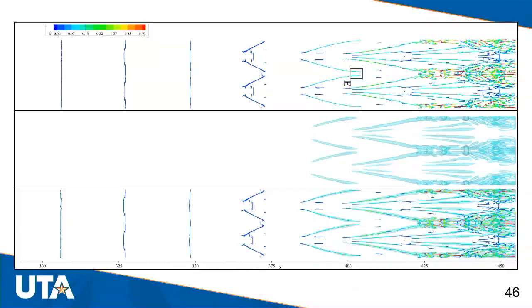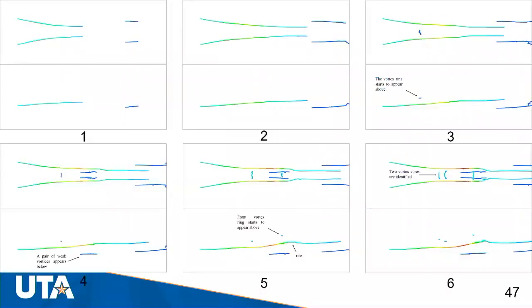So we look at region E. We take a close look at region E, the position that is going to form a vortex ring. This is region E. This is the top view, and this is the side view, and the number tells you the time series.